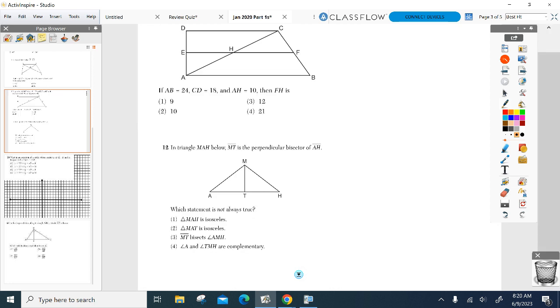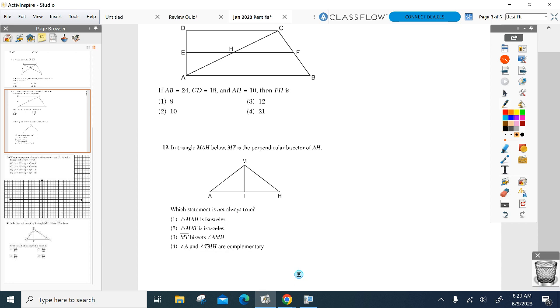Let's go to 12. This will probably be the last one I'll be able to do because of time. I want to see if you can mark your diagram with everything that you can mark if you know MT is the perpendicular bisector of AH. Put some markings on that diagram now.